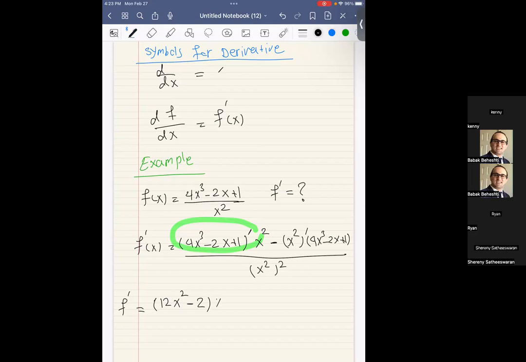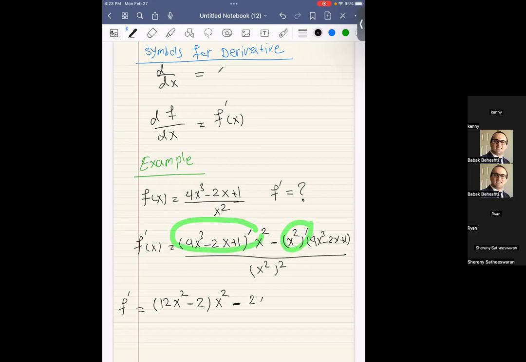And I have to multiply this by x squared minus, now what is the derivative of x squared? 2x.